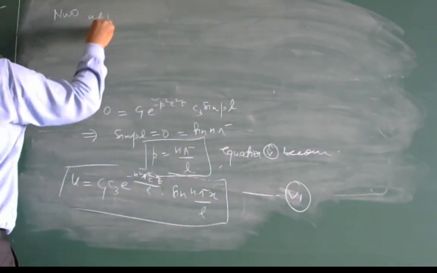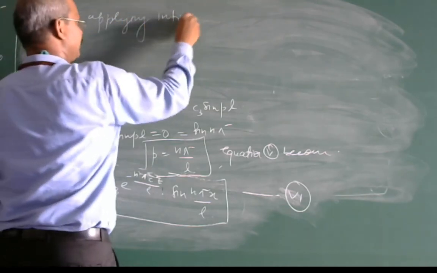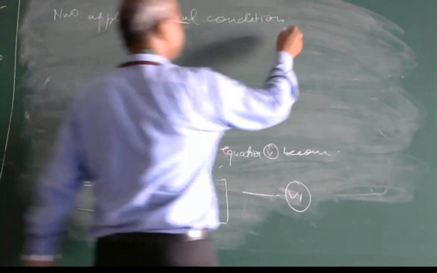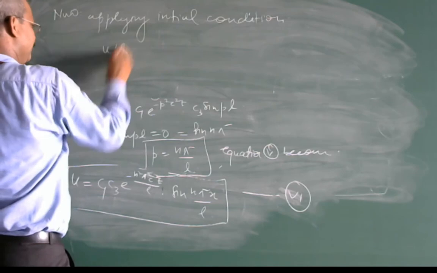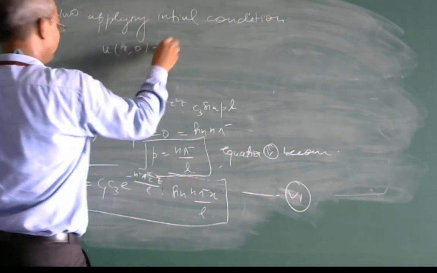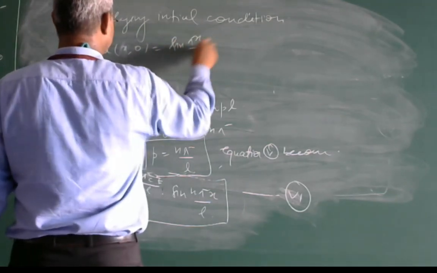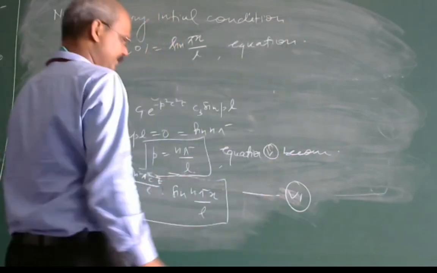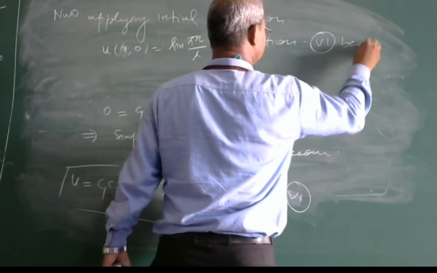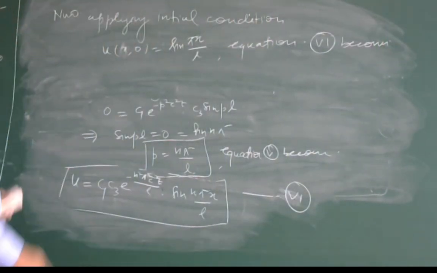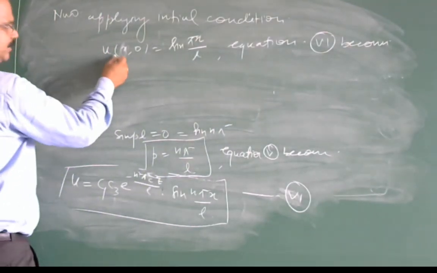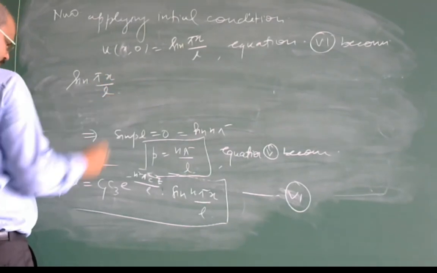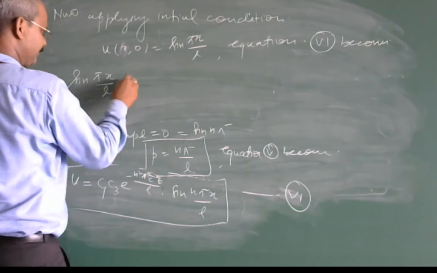Applying the initial condition, equation 6 becomes, the initial condition is u(x, 0) equal to sin pi x by L. So from here, sin pi x by L is equal to c1 c3, and after putting t equal to 0, the exponential becomes 1, giving sin n pi x by L.